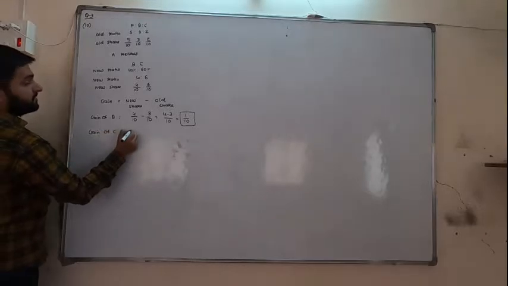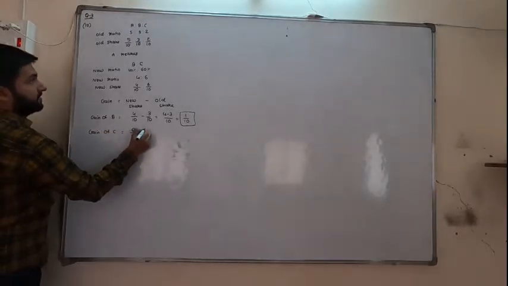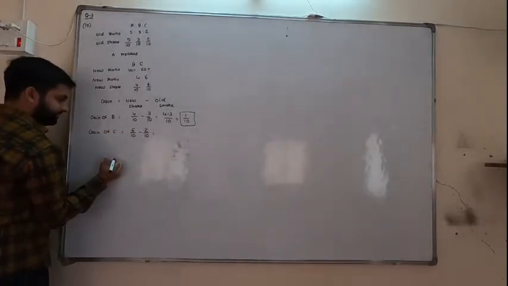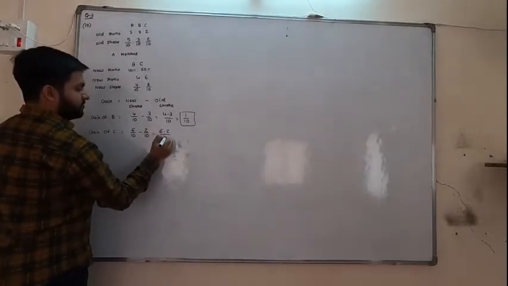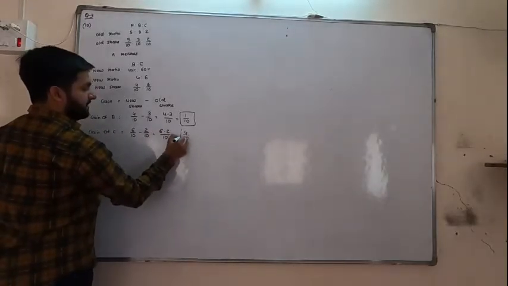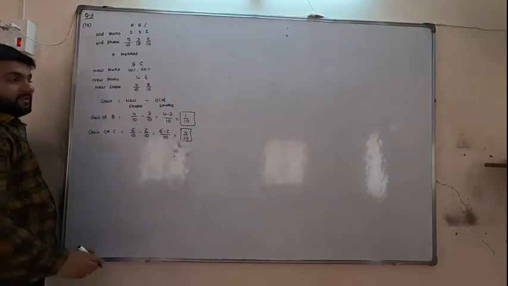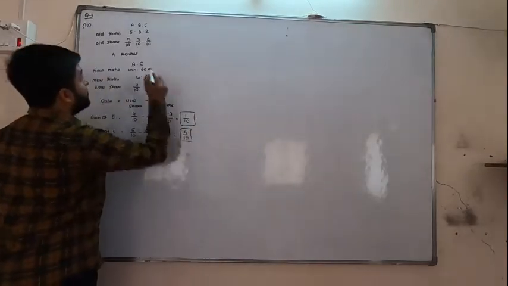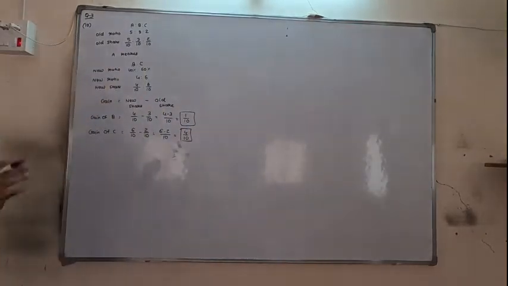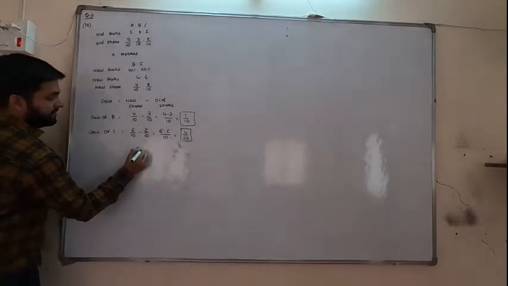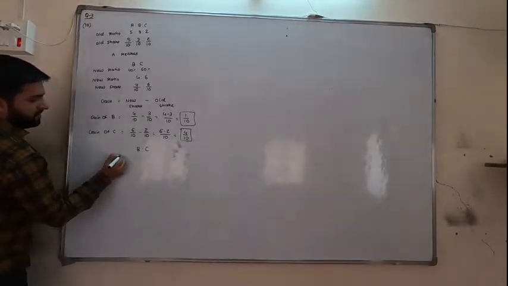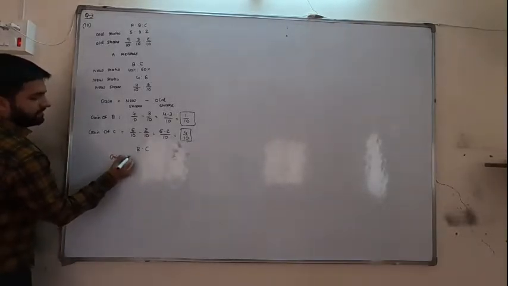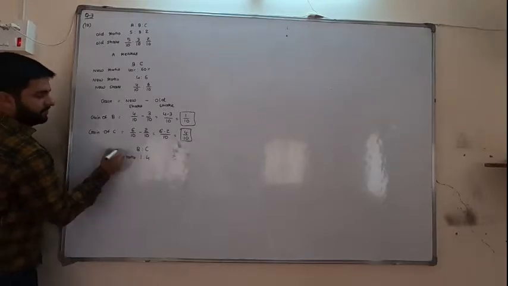Gain of C: new share 6/10, old share 2/10, 6 minus 2 is 4/10. And if you want to check, total of gain 4 plus 1, 5/10 is from A. So B is to C, gaining ratio 1:4.